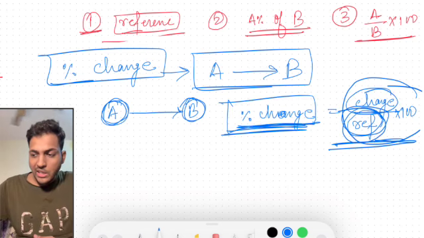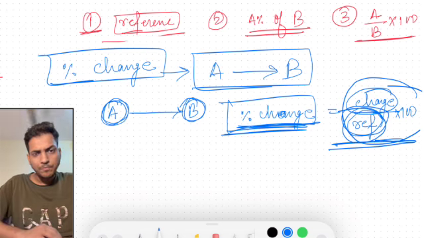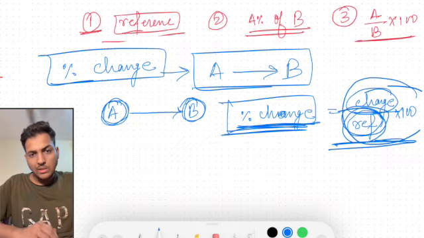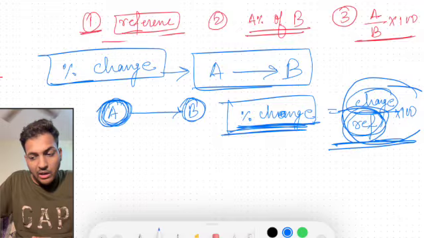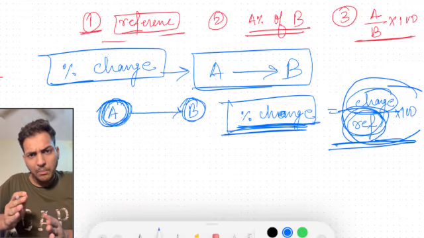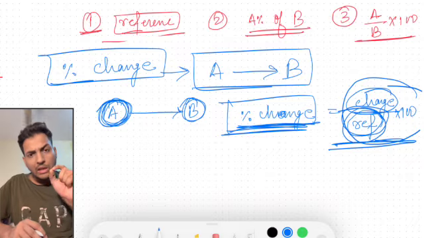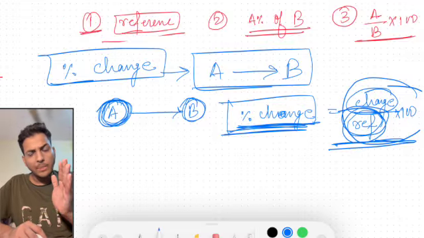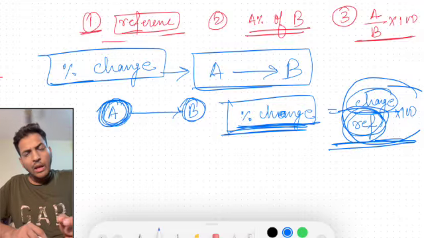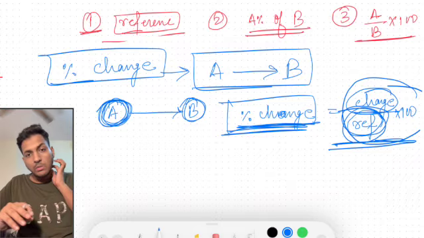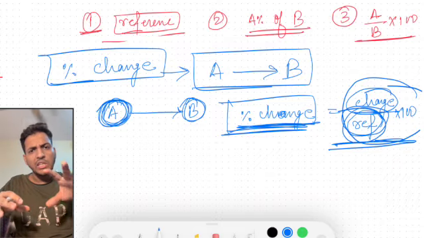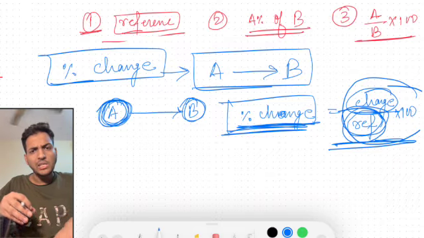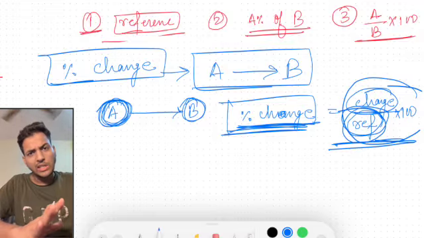And for percentage change, the numerator will be change. But which will be the reference? The previous number, earlier number, or the initial number, whatever term you understand, will be the reference. This will be useful in many concepts: velocity change, time change, speed change, price change, all kinds of changes.